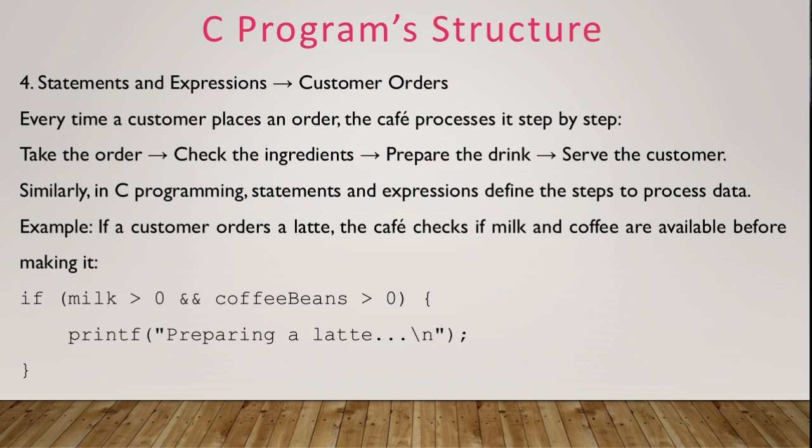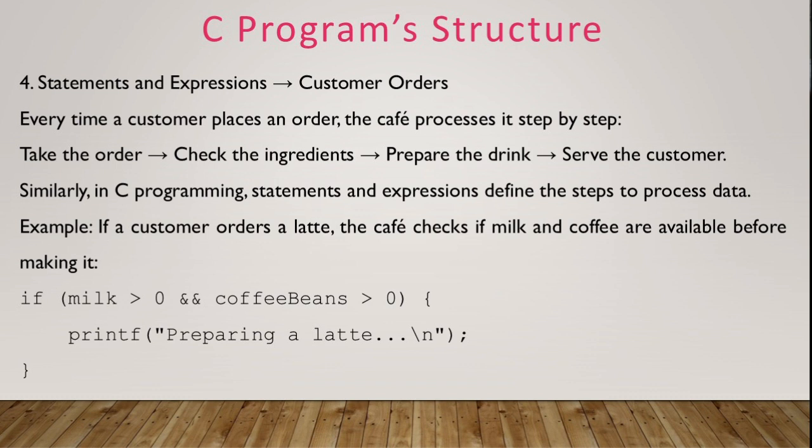This is step by step, one by one, and that is why procedures are there. C also executes the statements one by one, and that is why it is known as a procedural language. Similarly, in C programming, statements and expressions define the steps to process the data, how you are going to do it, one by one.